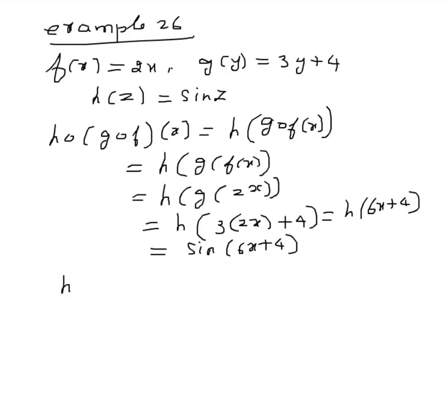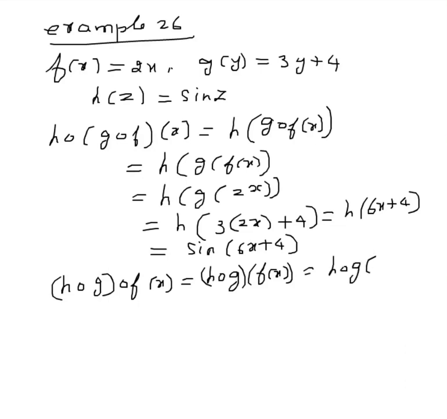Now let us calculate the right hand side. H composite g within brackets composite f of x. And this is h composite g of f of x, which is equal to h composite g. F of x is 2x, and this is h of g of 2x.